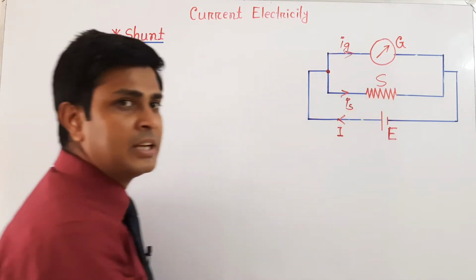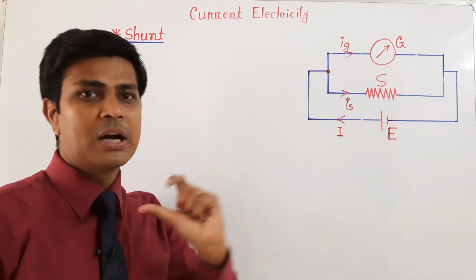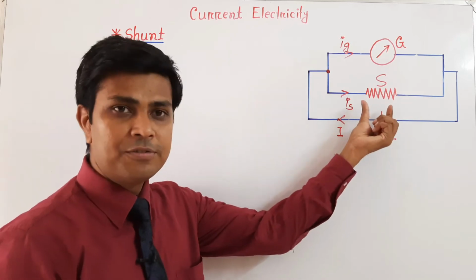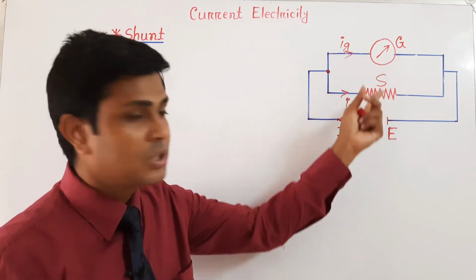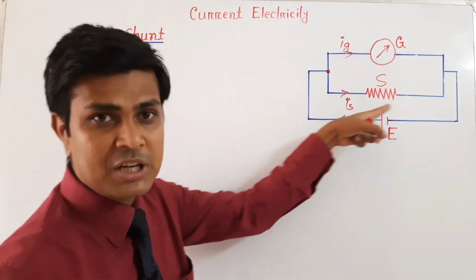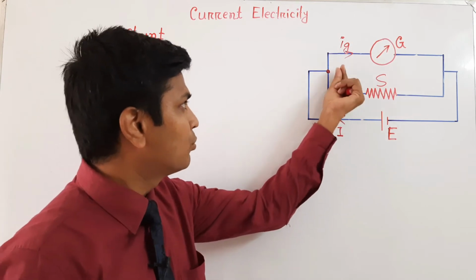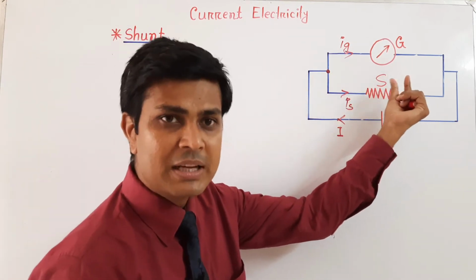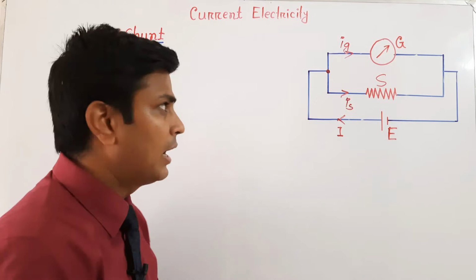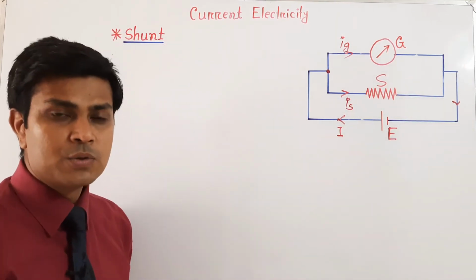So definitely, to save this galvanometer, we have to connect a small amount of resistance parallel to it. That is why most of the current will flow through this shunt, and only a little amount of current, which it can tolerate, will flow through this galvanometer. And again this same amount of current will come back to the source.